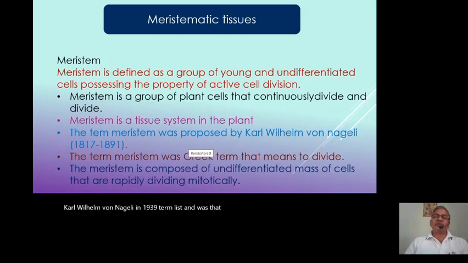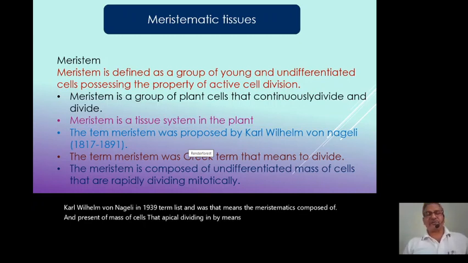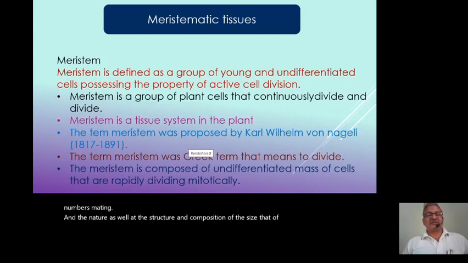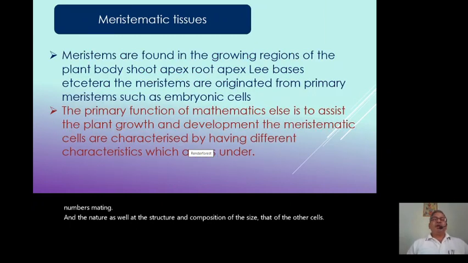The meristem is composed of an undifferentiated mass of cells that are rapidly dividing by mitotic cell division. In mitosis, the cell divides into two daughter cells, the chromosome number is maintained, and the genetic composition of the cell is the same as that of the mother cell.